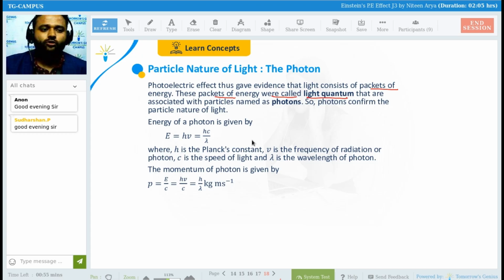What is quantum in general? Quantum is used for a particular quantity. One quantum stands for one quantity.